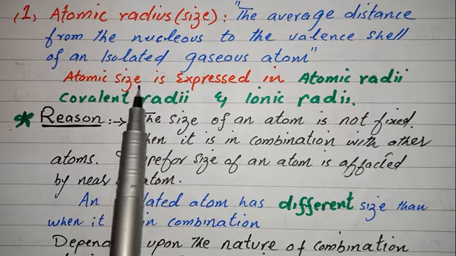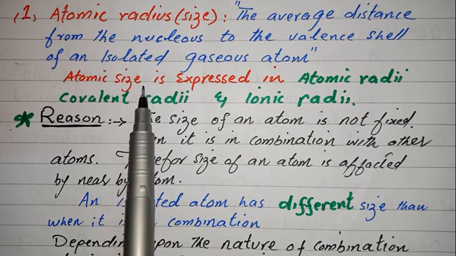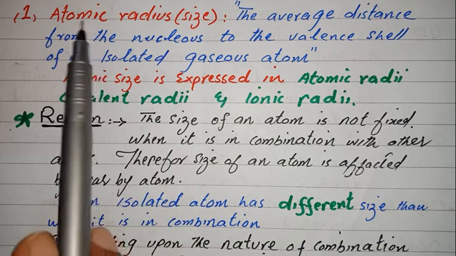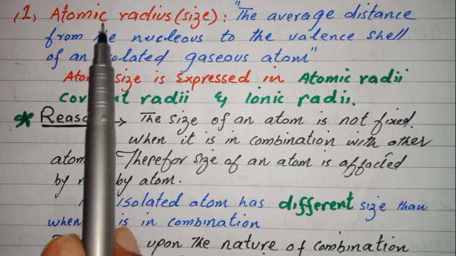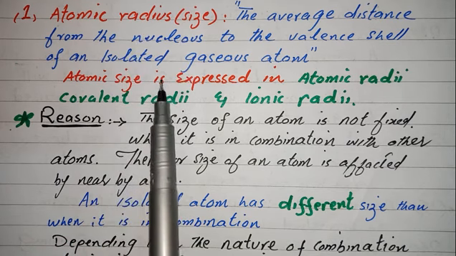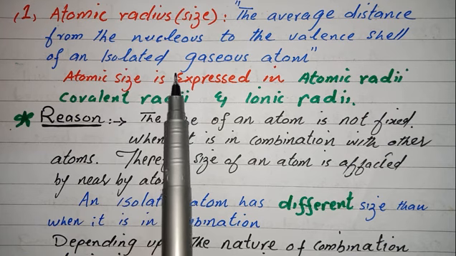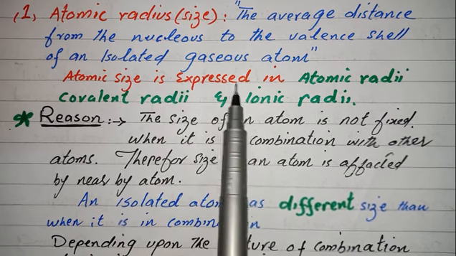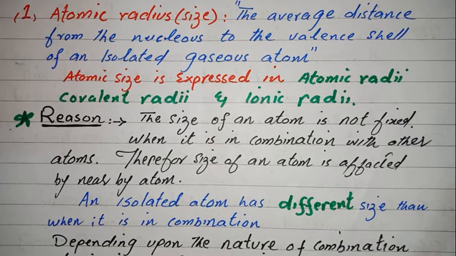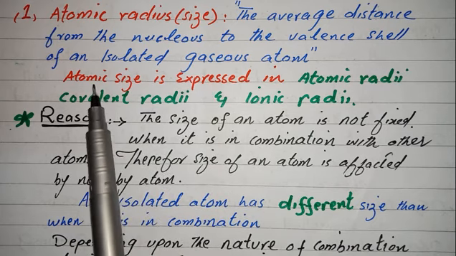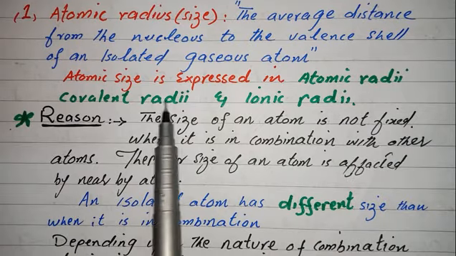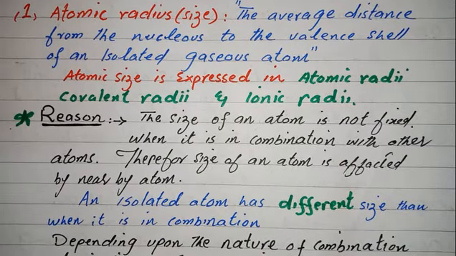And as an atom is always in combination with the atom of some other element, we cannot take an isolated atom. So instead of atomic size, we will have to discuss the radii of the atom, whether it is in combination with the atom of its own element or with the atom of another element. So atomic size is expressed in atomic radii, covalent radii, and ionic radii.